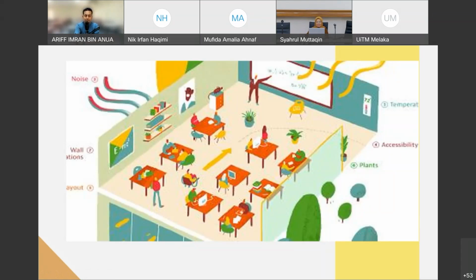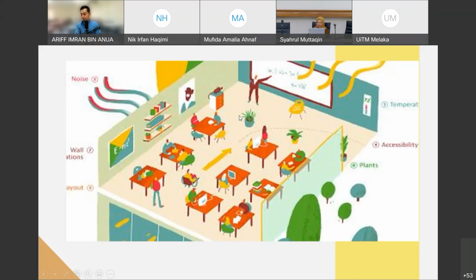And how to design this, how to place books, pictures, whiteboard, the teachers' desks, how to arrange the students' desks, how to access the class, how to organize the plans, how to keep up with the noise from outside, and how to decorate the wall.